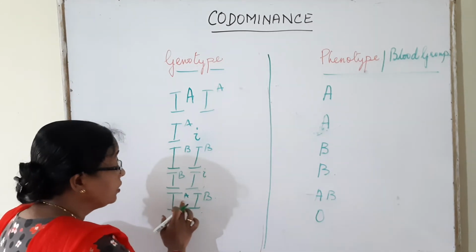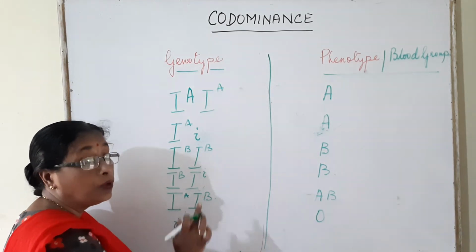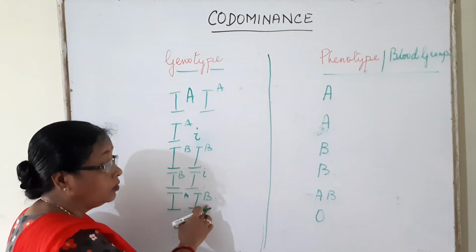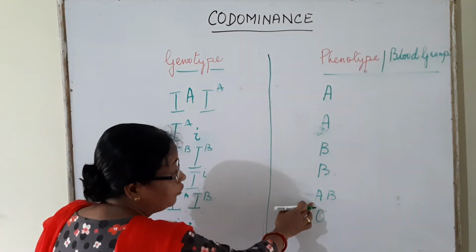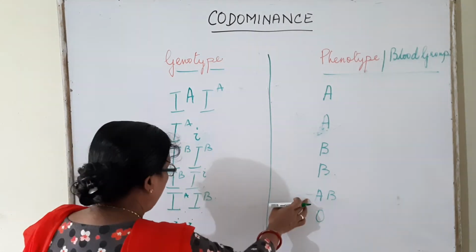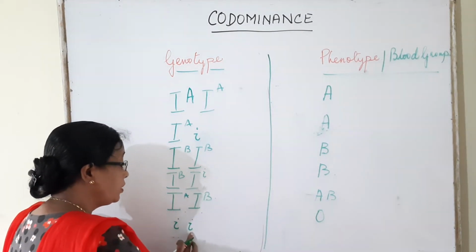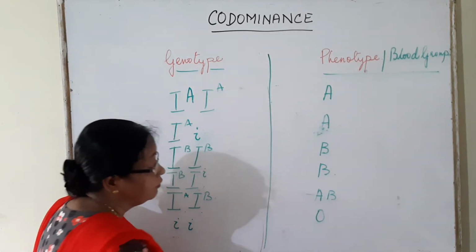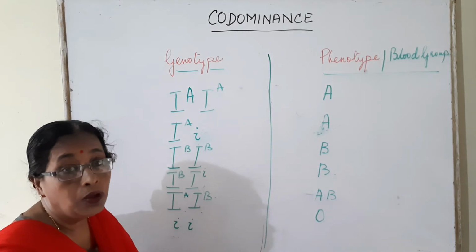Now IA combines with IB, both show codominance, and the blood group will be AB. If i combines with i, without any glycoprotein, the individual will have blood group O.